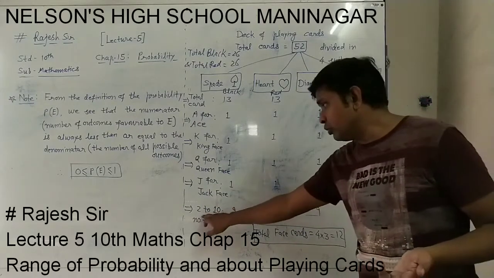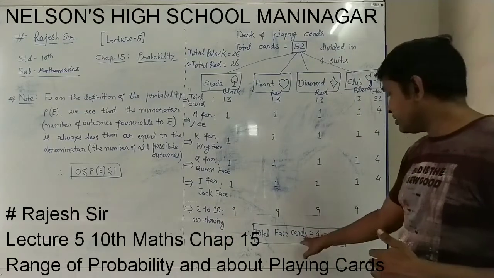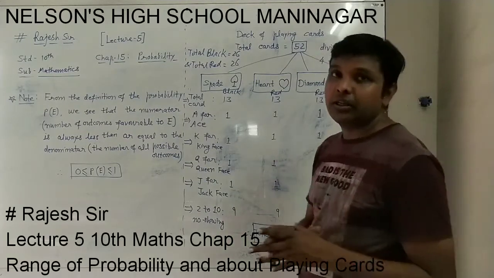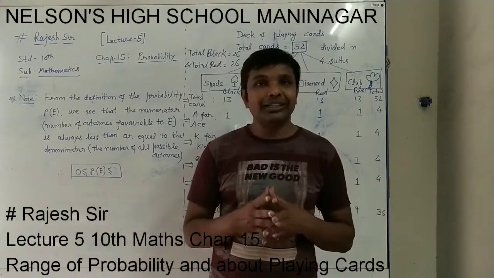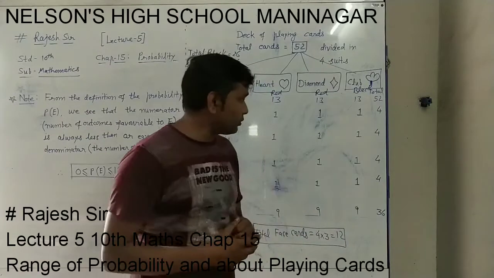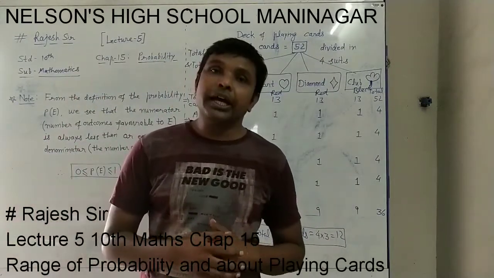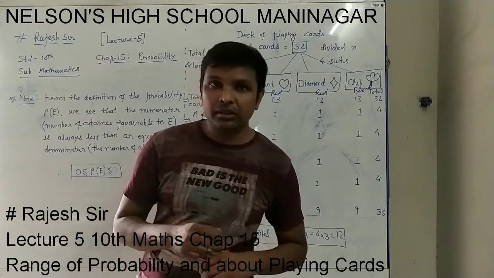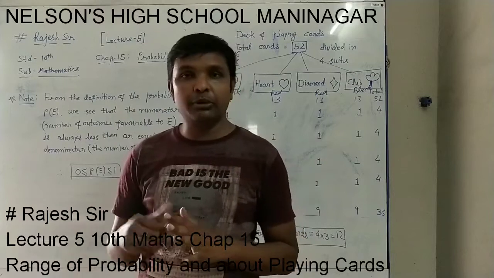In each you will find 2 to 10 numbers, 9 in each, so 36. Total face cards 4, 4, 4 is 12. This way we collect the information about the 52 cards and write it, and you will remember this for the examples and questions, and then we can easily solve this type of card related questions in this probability chapter.